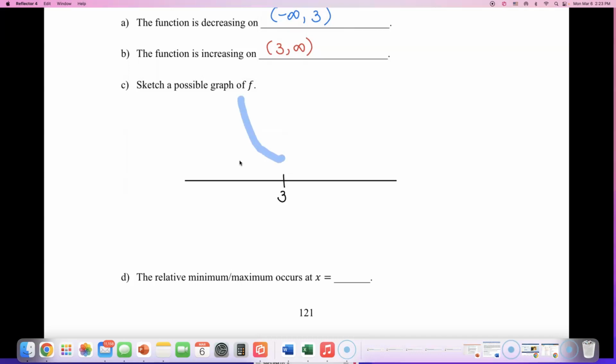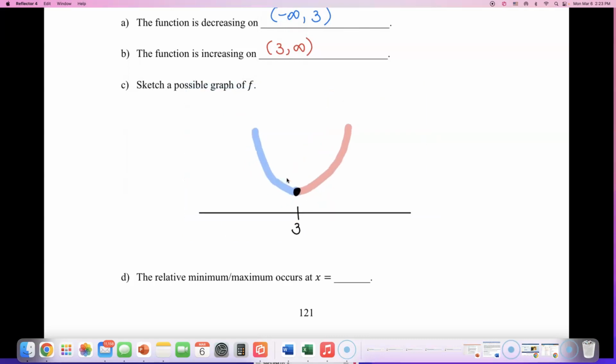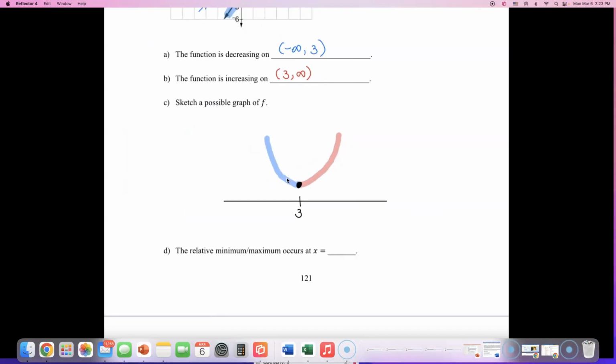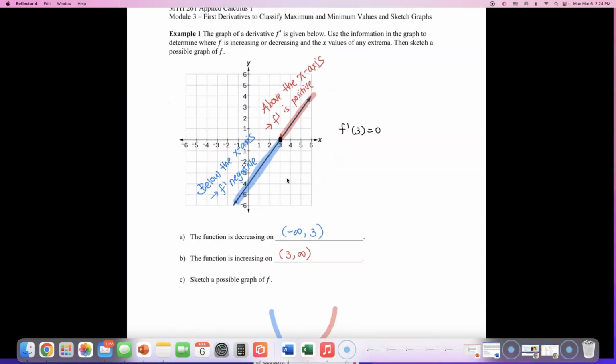But when it hits the 3, what happened? It's going to go up to the right. So this is a picture that is increasing to the right of 3, but it was decreasing from negative infinity to positive 3. So there is a graph, and all I know is this is what it may look like, but I wouldn't know all the details of it. So here's just a random graph.